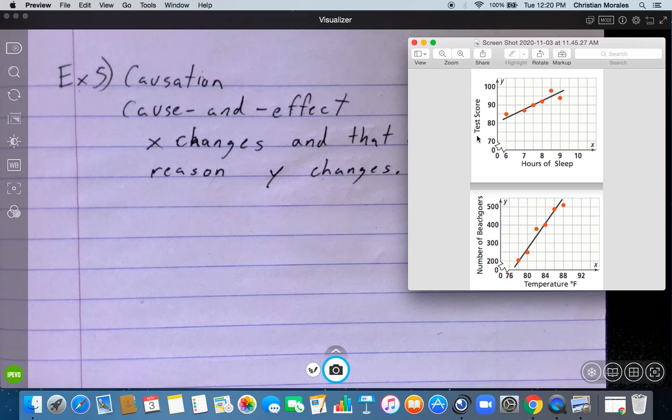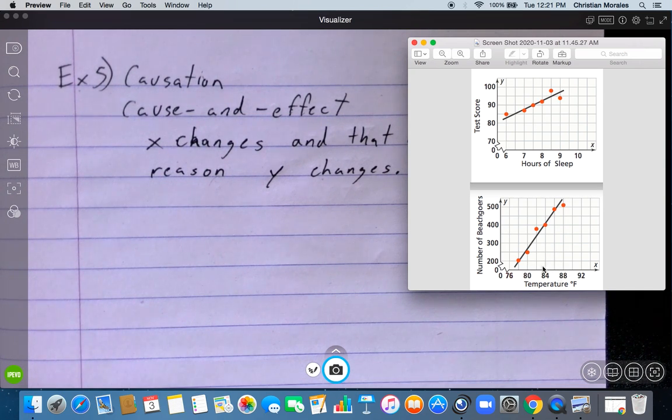So causation doesn't mean the same thing as correlation, because there is correlation, but that doesn't mean it's causation, okay? So like here, the temperature increases the number of beachgoers. So as it gets hotter, more people go to the beach. Okay, so maybe, possibly, this could be cause and effect. But again, you'd have to control: is it the weekend? What day are they going?